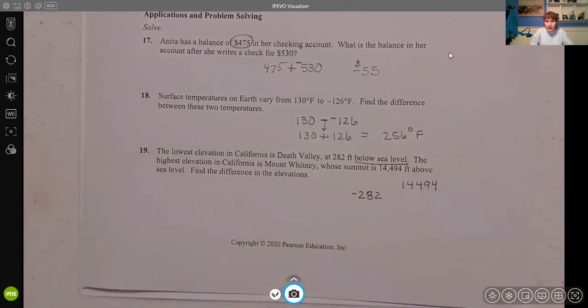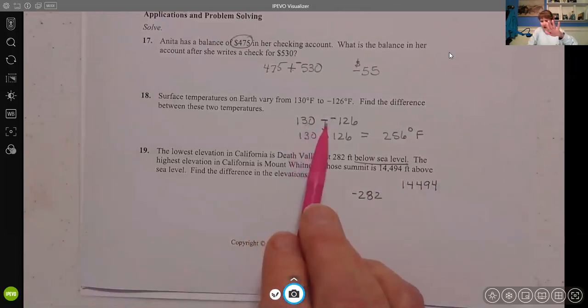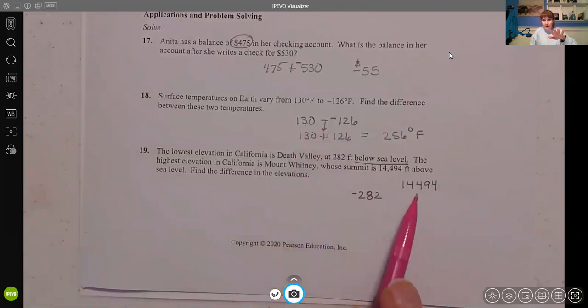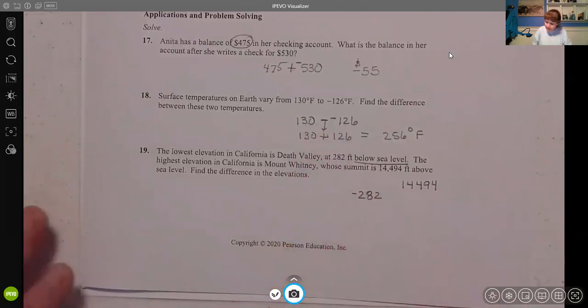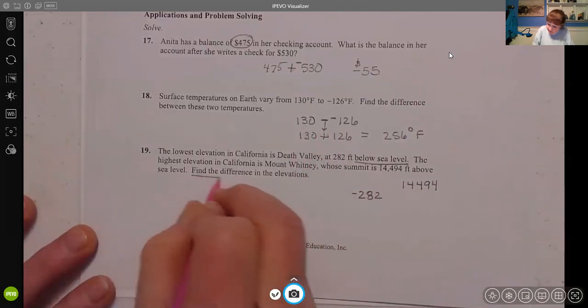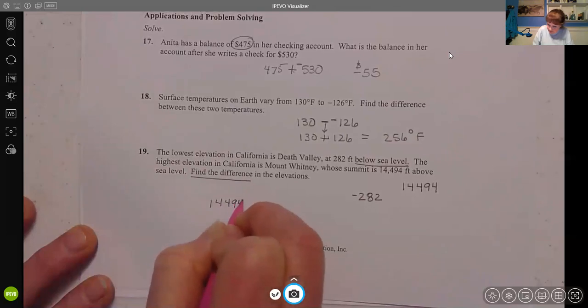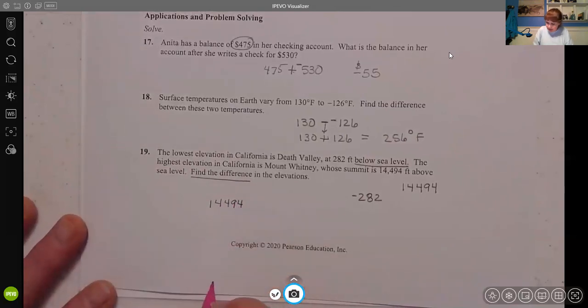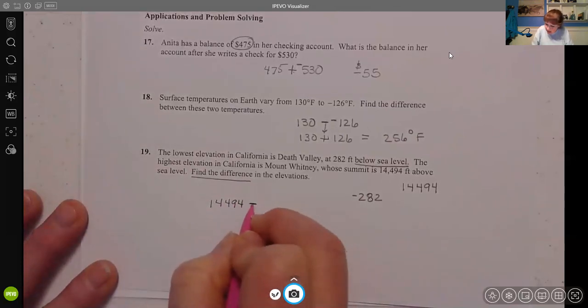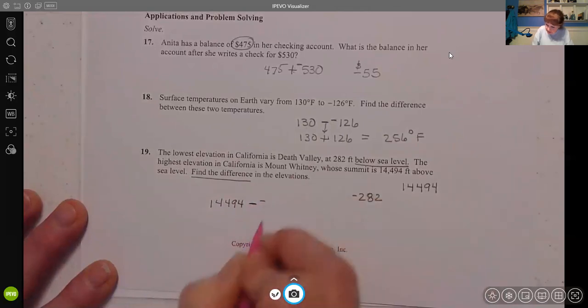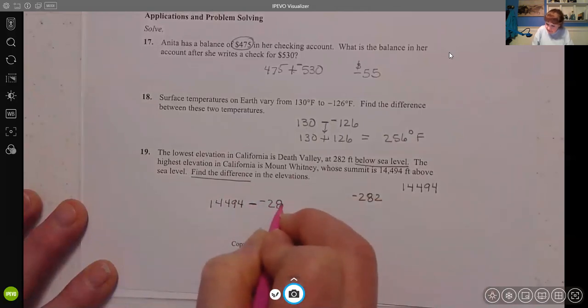Find the difference in the elevation. So just like with the temperature, we took the high and subtracted the low. We're going to do the same thing here. We'll take the high and subtract the lowest, because they want you to find the difference. So we'll take 14,494 and subtract the lowest elevation.